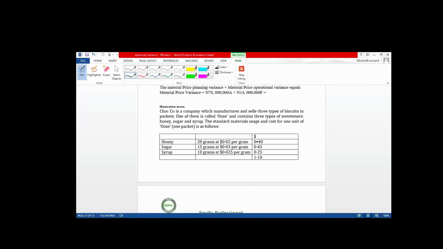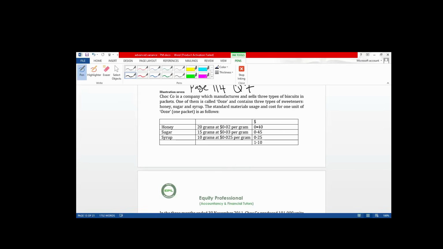Chokes and Co. is a company which makes 3 types of biscuits, one of them called Zos, containing 3 types of sweeteners: honey, sugar, and syrup.